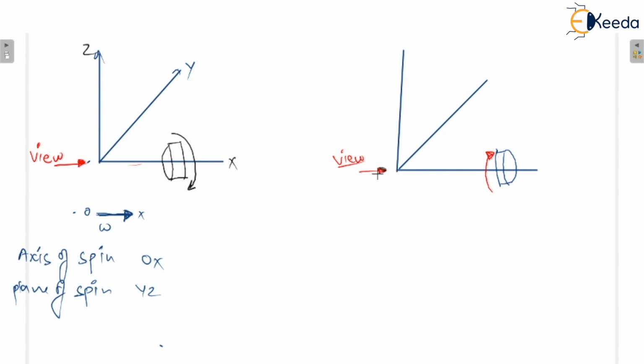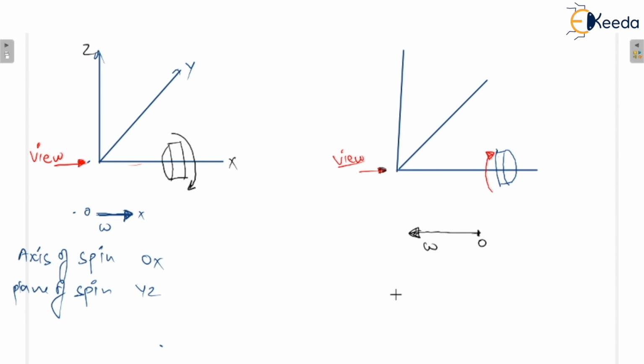When you're looking from this direction, the sense of rotation of the body is anti-clockwise. So you rotate your fingers anti-clockwise, and whatever be the thumb direction, that will be the direction of the angular velocity. This would be the direction of angular velocity, and this is the omega direction.